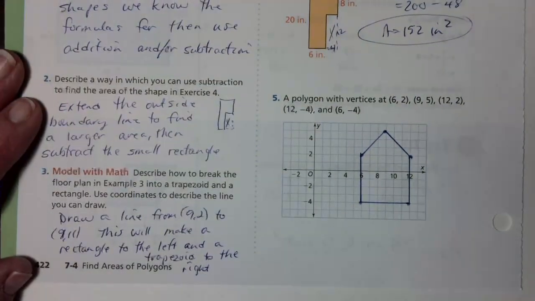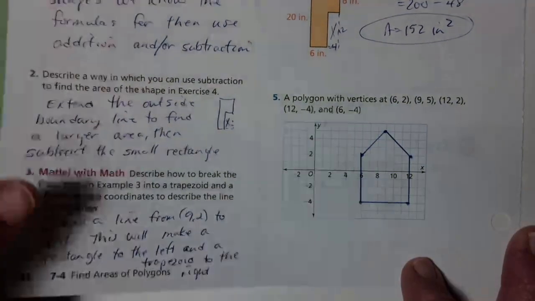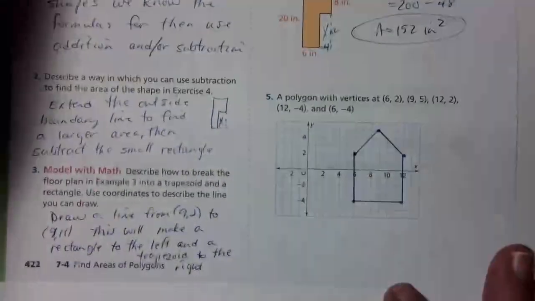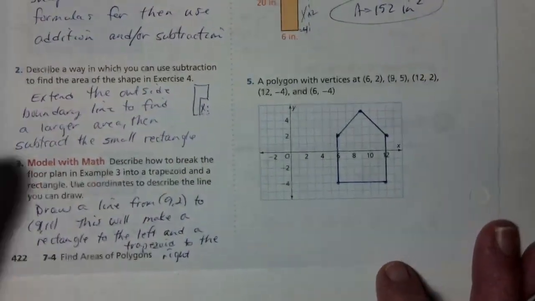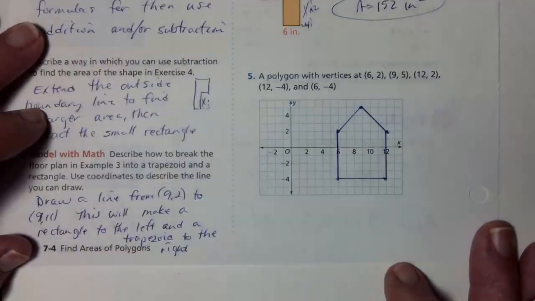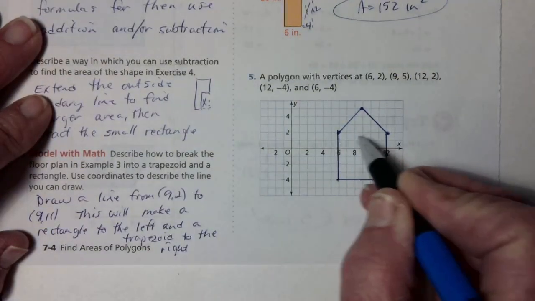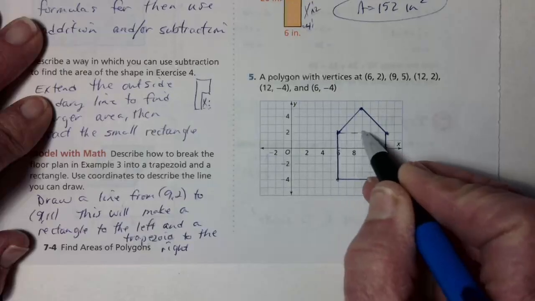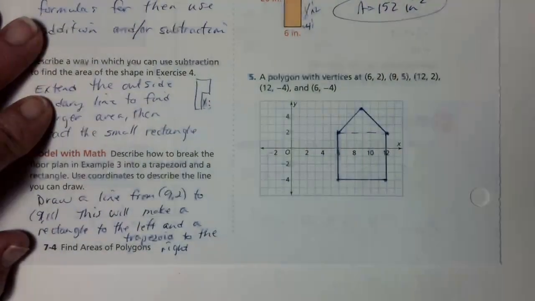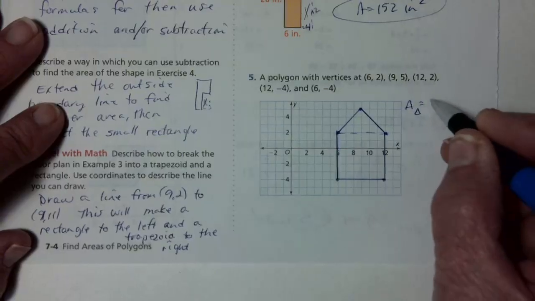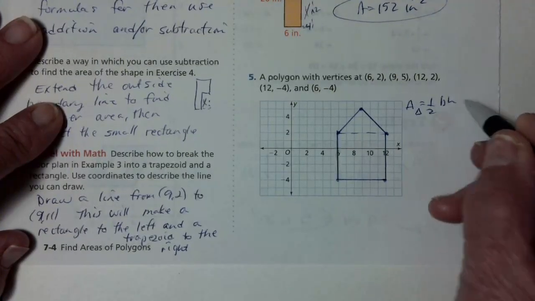Now, what do they want us to do here? Well, our instructions up here above number 4 said find the area. Oh, so I need to find the area of this now that I'm done. And I'm going to choose to find the area of a triangle and a rectangle or square, whichever one it is. So my area of my triangle is going to be 1/2 BH.